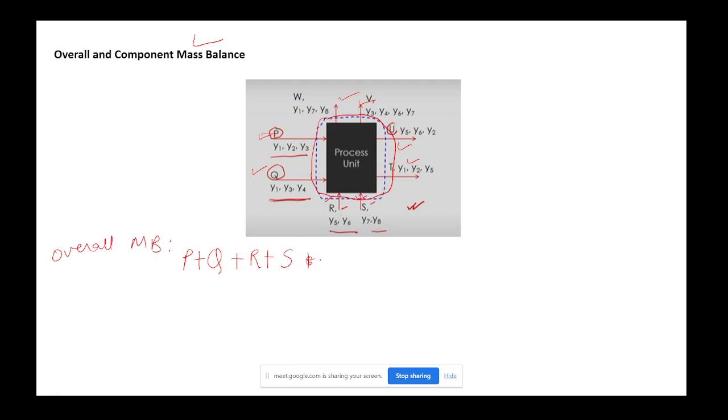Whatever amount is going out is W, V, U and T. Now there can be some accumulation, so the accumulation term will come here.